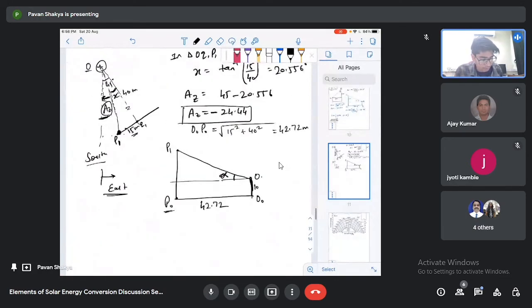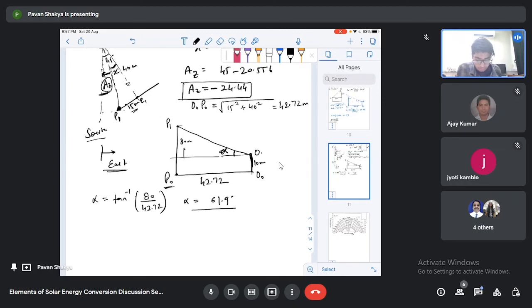This one is our 10 meter, so above it will be 80 meter. So now we can easily solve that alpha will be tan inverse of 80 divided by 42.72. When you solve this, you will find that alpha value will be 61.9 degree. So you can write that for P1, alpha is 61.9 degree and Az is minus 24.44 degree.